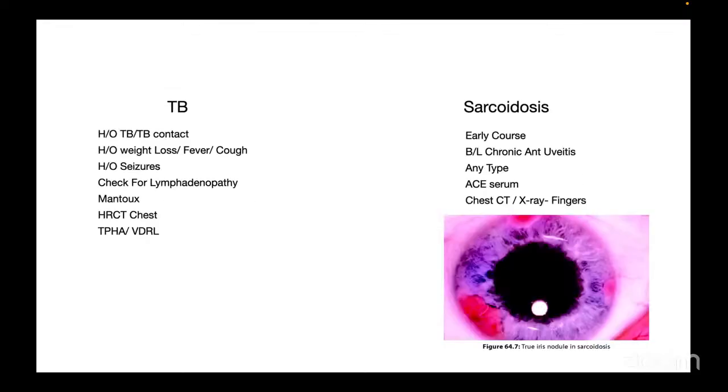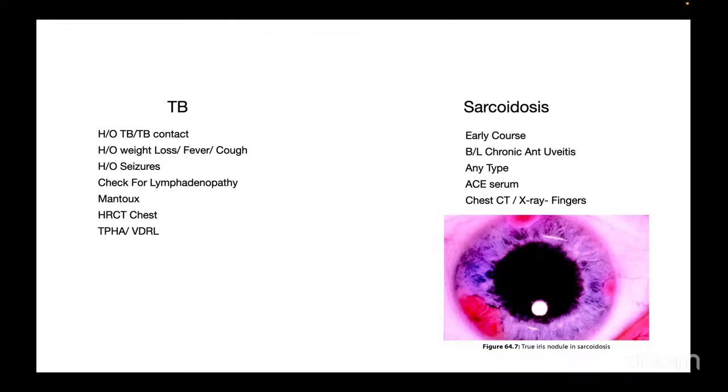Coming to TB and sarcoid, which are among the most common causes. For TB and sarcoid, don't just look at the anterior segment. Always look at the posterior segment, because TB patients, leprosy patients, all granulomatous patients will have something in the posterior segment. Most of the time they present with panuveitis, intermediate uveitis, posterior uveitis, not only anterior uveitis.